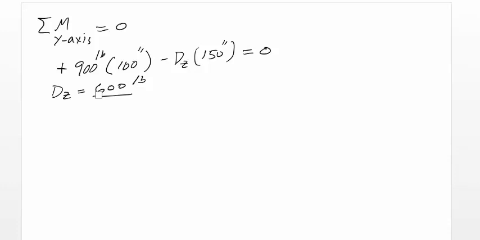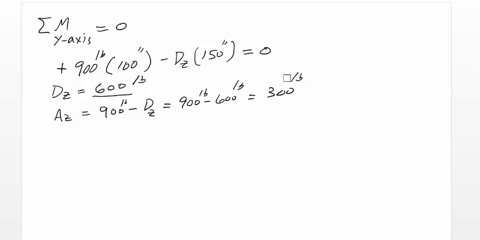Looking back at equation 3, we can see that AZ is equal to 900 minus DZ, or equal to 900 pounds minus 600 pounds equal to 300 pounds. The last equation of equilibrium is the moment about the z-axis. Again, all forces at A do not have any moment about z.